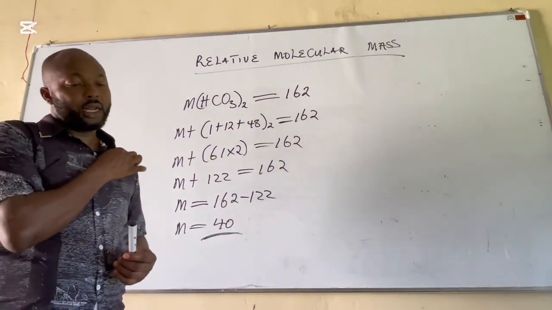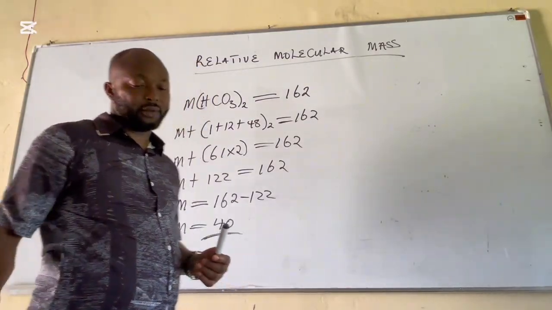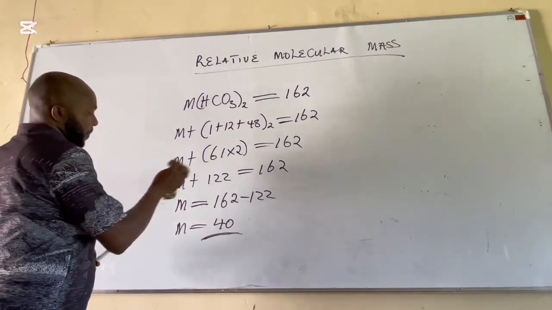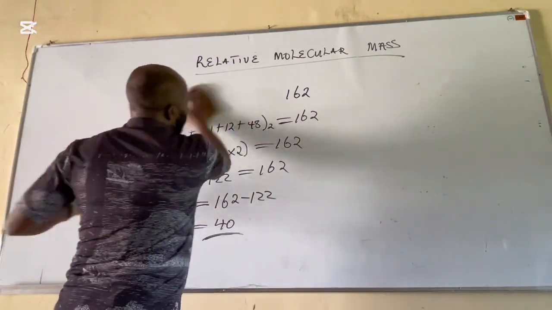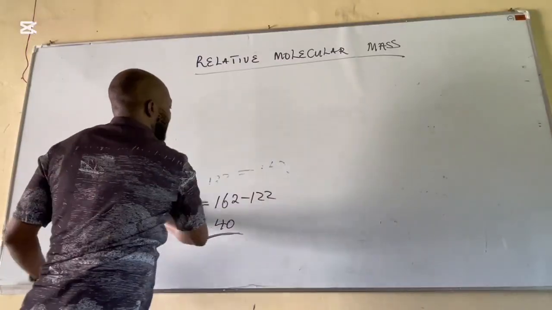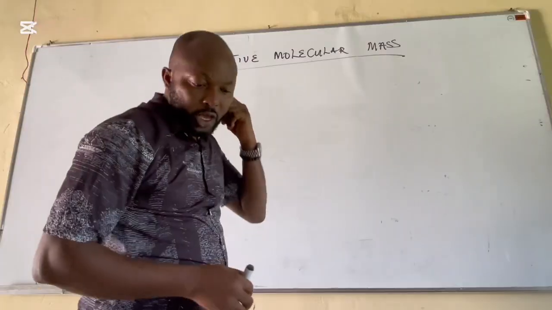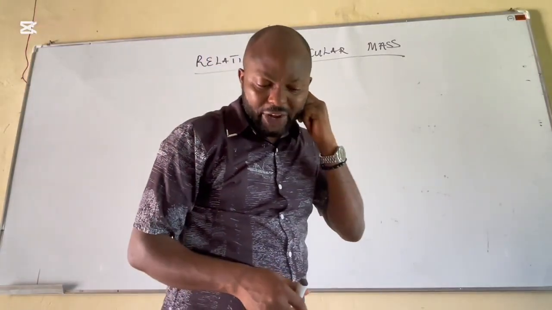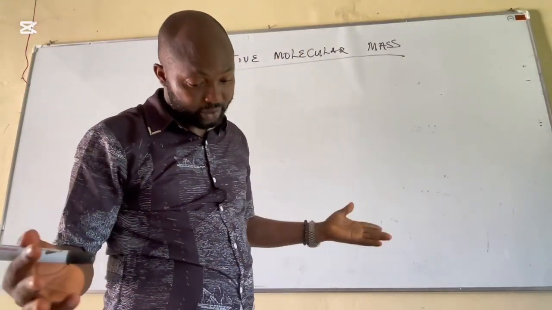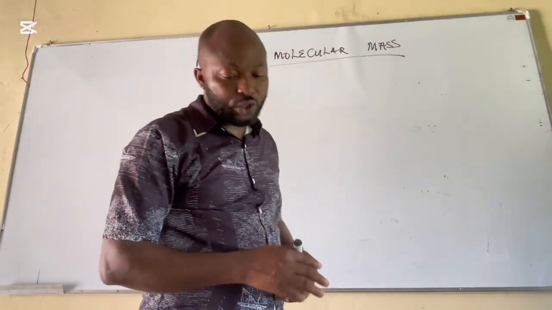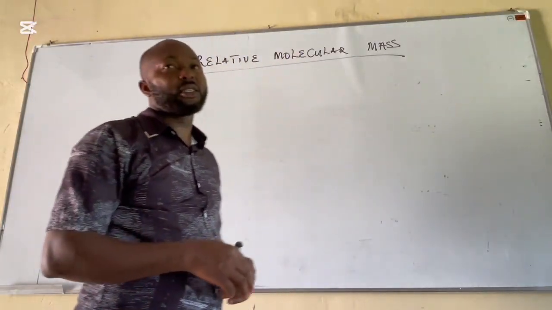Okay, let's take another question again. If the relative atomic mass of an element is not a whole number, it can be deduced that the element is dash.